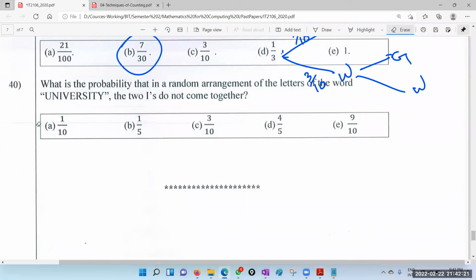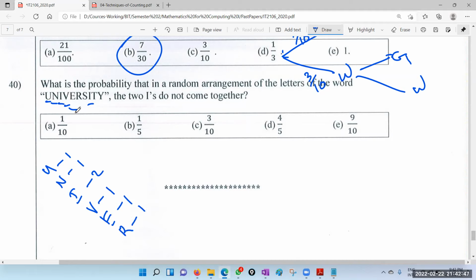How many? What are all the arrangements? How many U's are there? U1, N1, I2, V1, E1, R1, S1, T1, Y1.